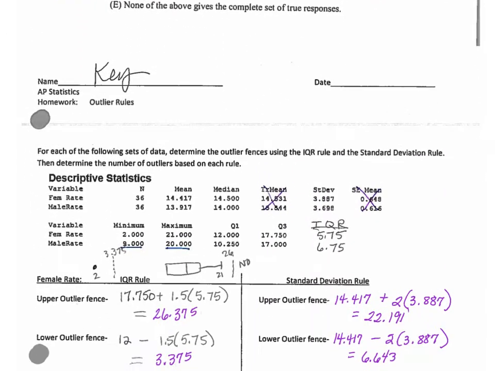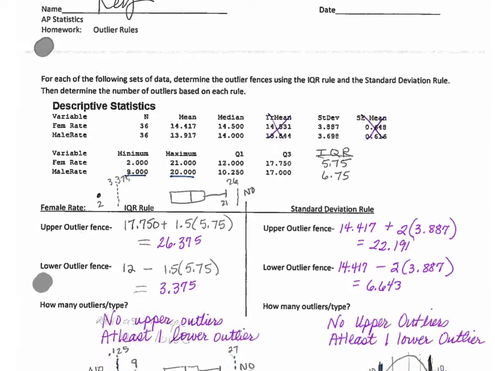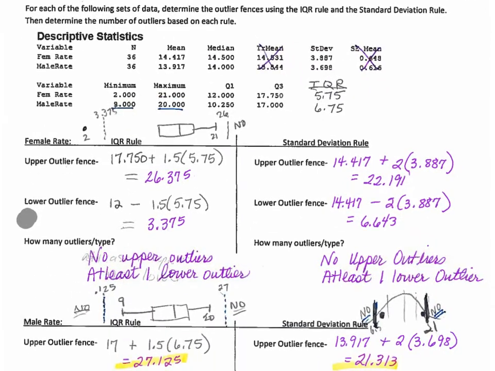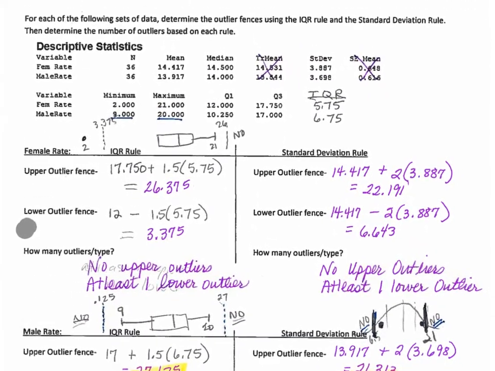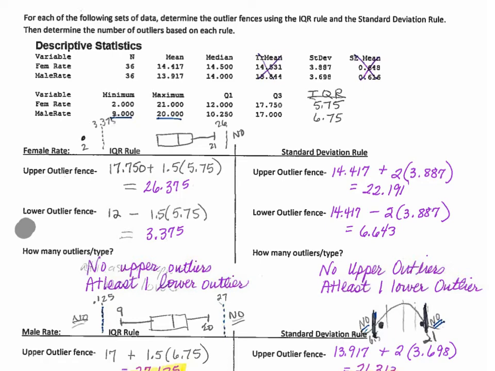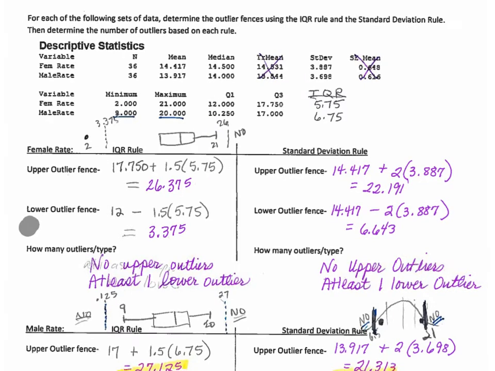All right, now let's look at our outlier rules. So here on this outlier rule, we used the IQR rule, which is for the upper fence, Q3 plus 1.5 times the IQR.